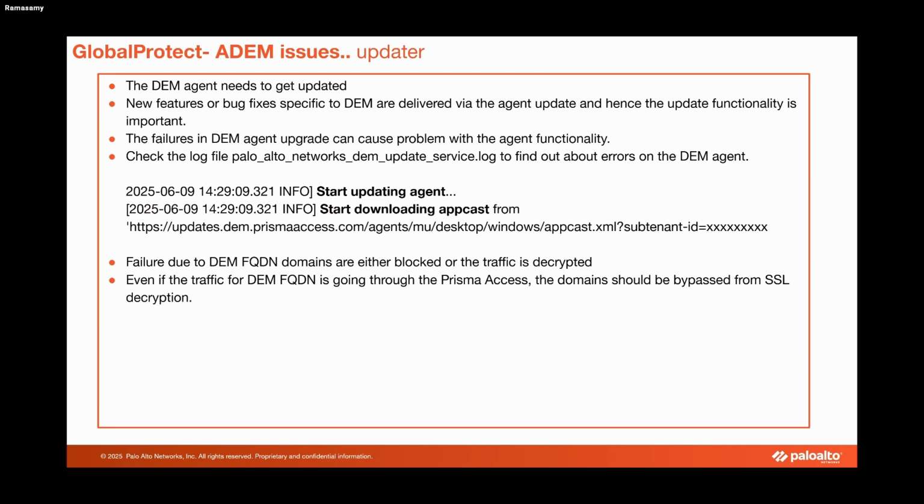Most of the issues with updates are related to network issues, where the DEM domains are either blocked and the agent cannot communicate with the DEM FQDNs, or the FQDNs are subject to SSL decryption, due to which the connection will fail. Again, make sure the FQDNs for DEM are bypassed from SSL decryption.